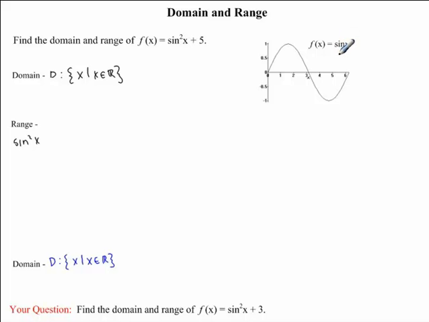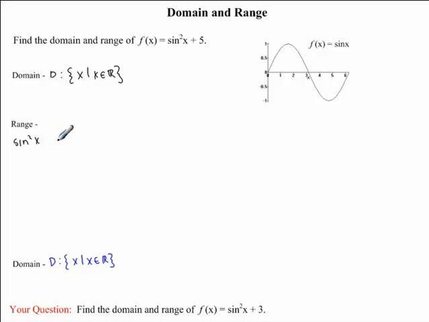In fact, since we're squaring all the y values of the graph y equals sine x, we will only have positive y values in the graph of y equals sine squared x. Therefore, the lowest y value in the graph of y equals sine squared x has to be 0, since we cannot have any negative values for our y variable.